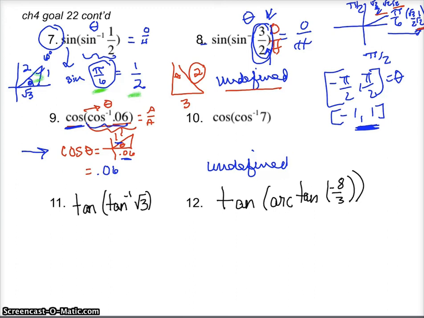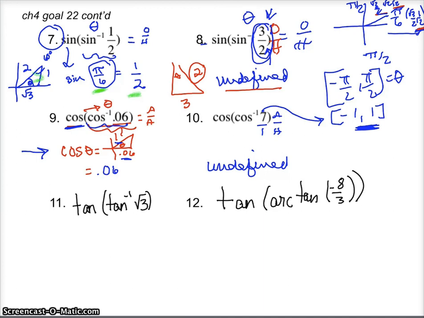Again, 7 is not one of our special values that we've memorized on the unit circle, so we would put 7 over 1 and adjacent over hypotenuse. I immediately see that the adjacent side is longer than the hypotenuse, therefore there would be no triangle. The function's undefined. Or you can again look at the domain of inverse cosine. The domain of inverse cosine is -1 to 1, and 7 is not in that interval.